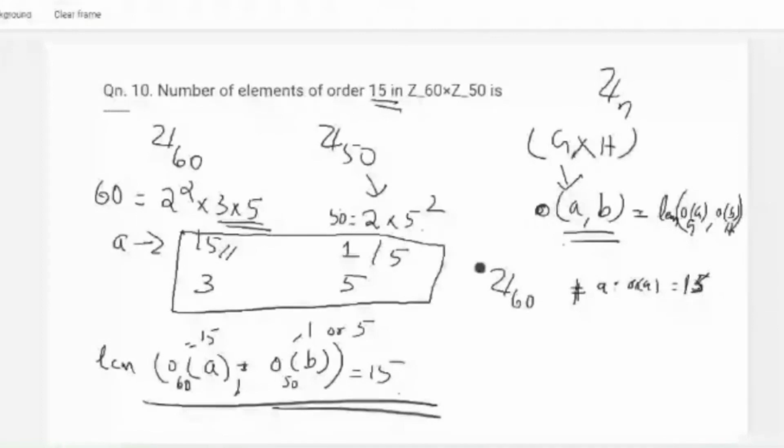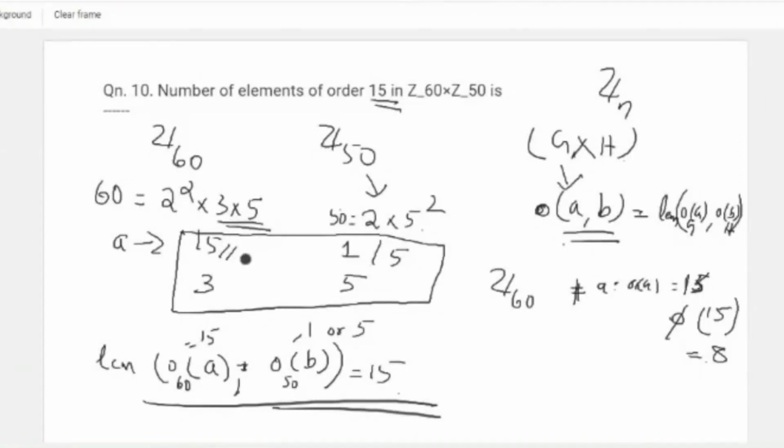So the number of such A is actually the number of generators of a group of order 15. This is exactly phi of 15, and phi of 15 can be computed as 8. The number of generators of a group of order 15 is 8. So there are 8 elements of order 15 in Z60.